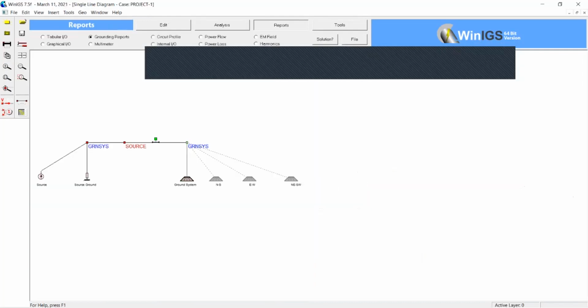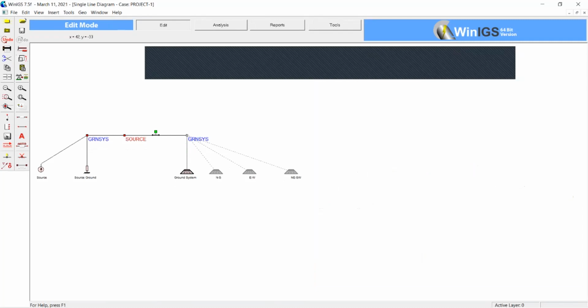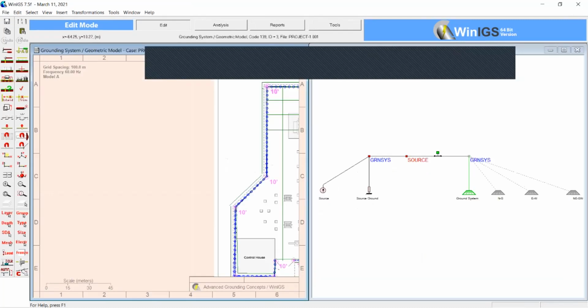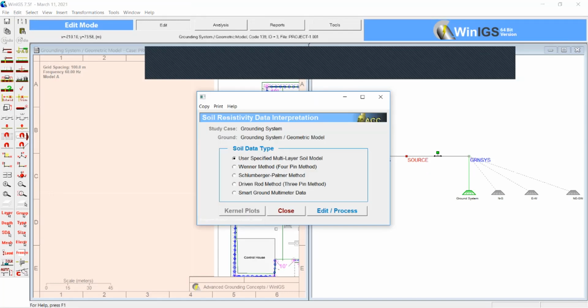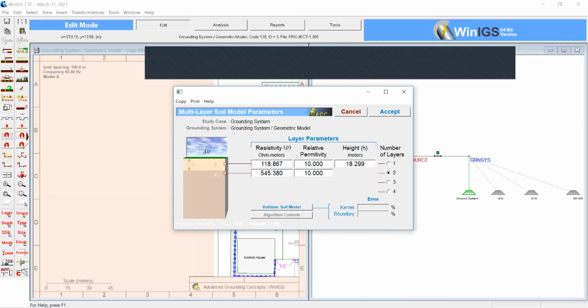You go to edit mode and click on your main grounding system here. See, user specified, go back there. Now here you will use your tolerance. Okay, so you'll change your resistivity. In here, instead of that number, definitely the one you saved, you have to include it.